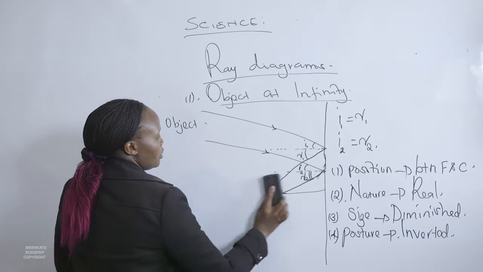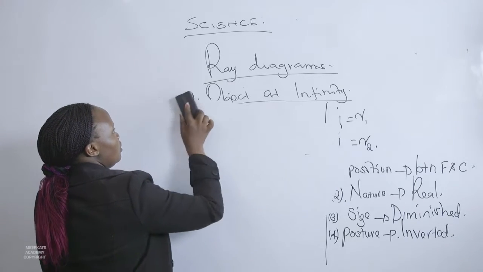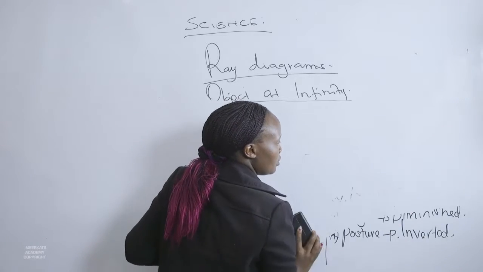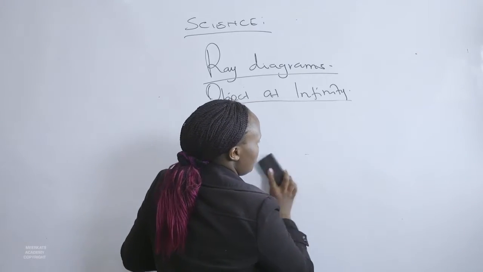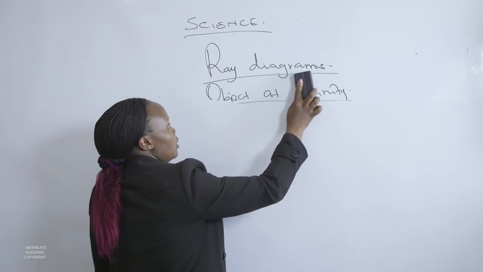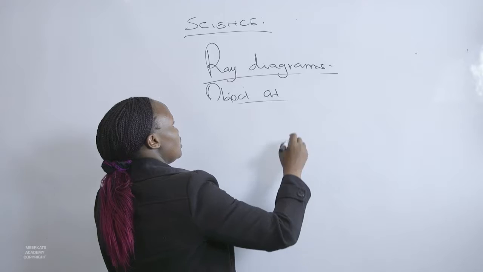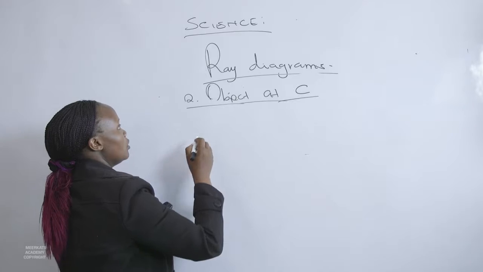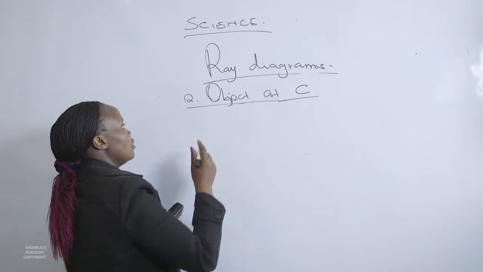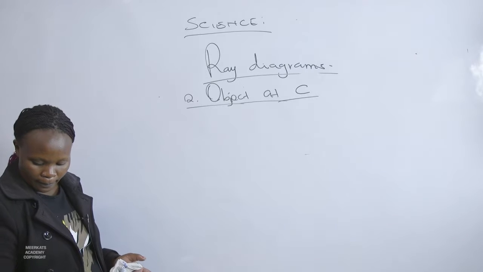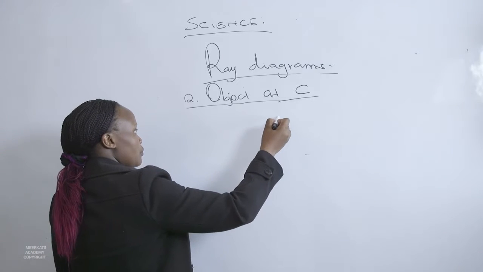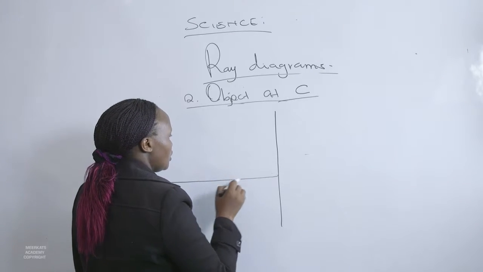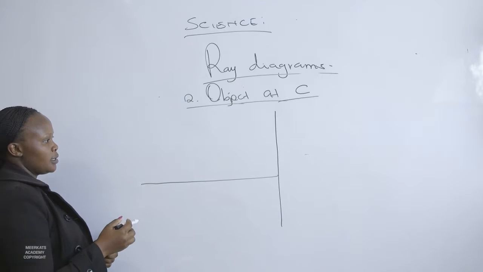Now, we consider another object. In this case, we can put it at C. This is number 2. Object at C. We have our principal axis.